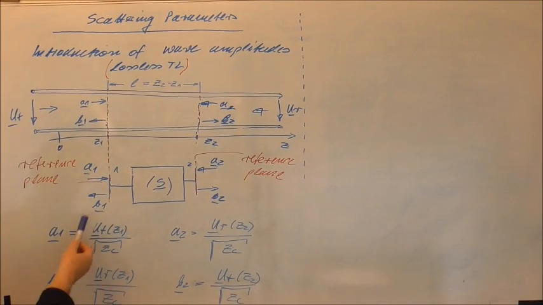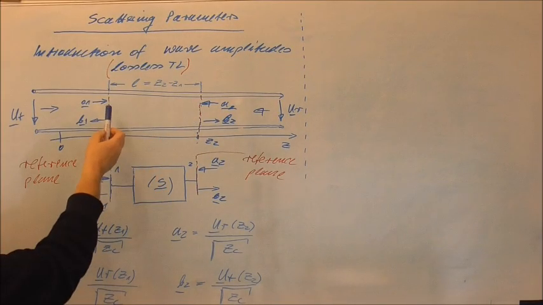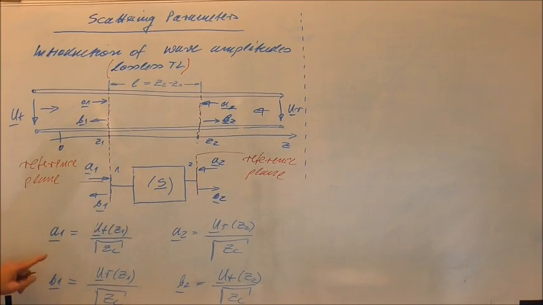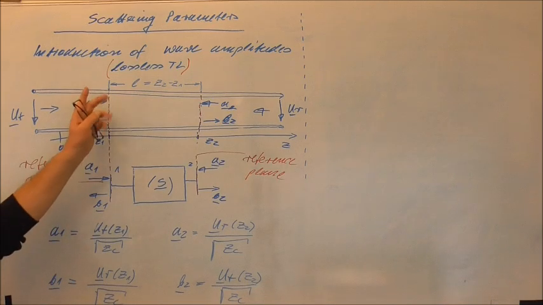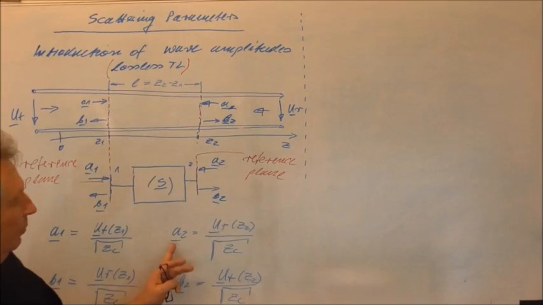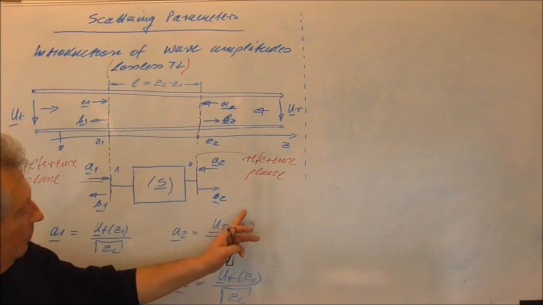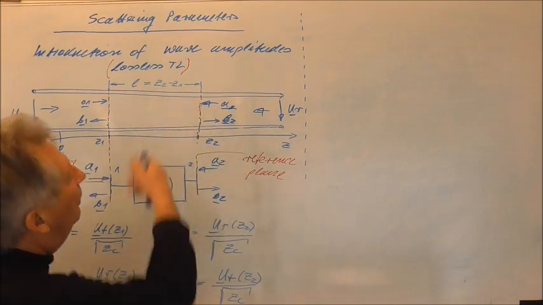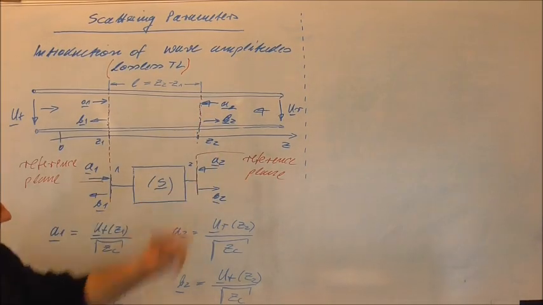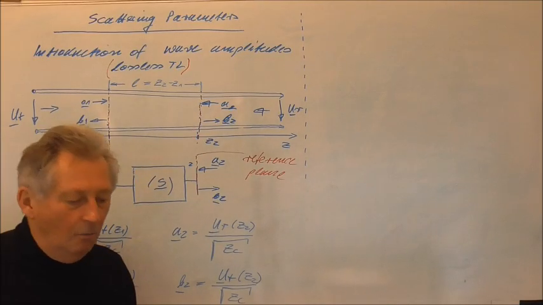To introduce the phases we defined here two reference planes, and we saw that, for example, the phase of the wave amplitude A1 is given by the phase of the forward traveling voltage wave at Z1, and the phase of the wave amplitude A2 is equal to the phase of the reverse traveling wave at Z2. So in principle we know already all our wave amplitudes.